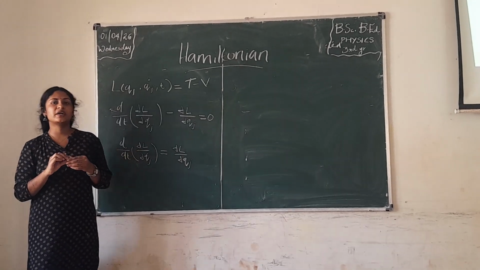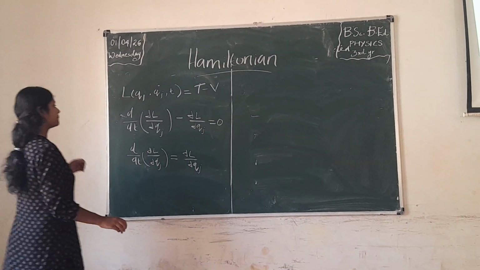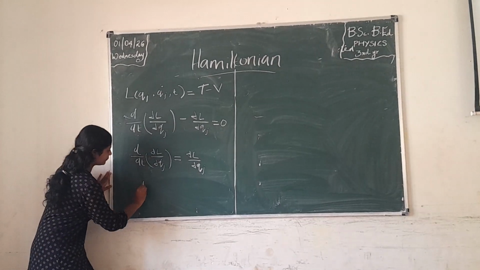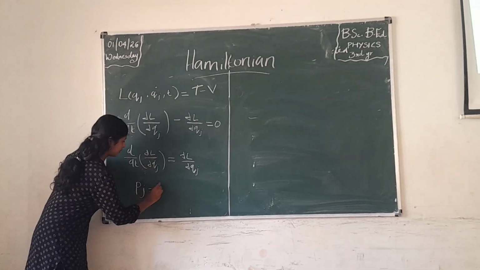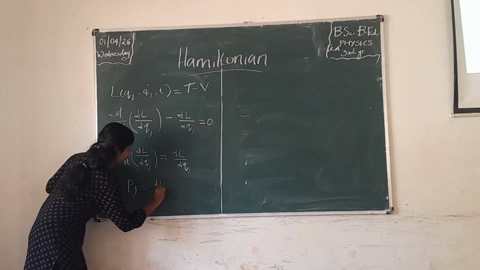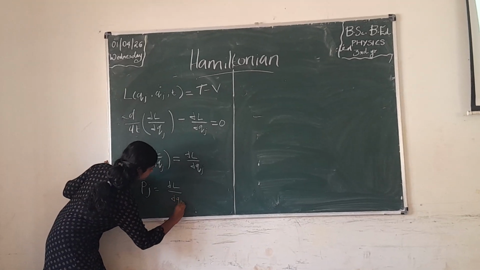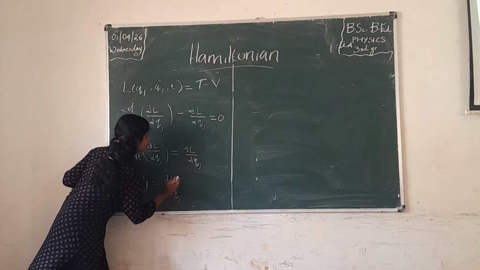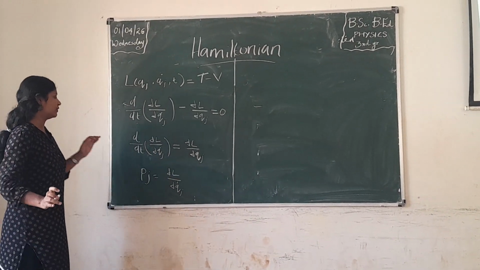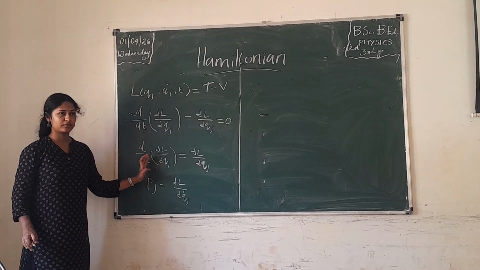Okay, so we have the conjugate momenta. What is the equation for the conjugate momenta? Pj is equal to dou L by dou qj dot. So we can substitute the value of dou L by dou qj dot here.